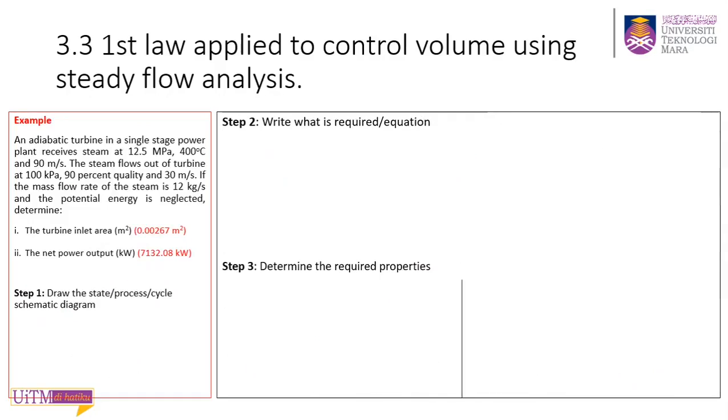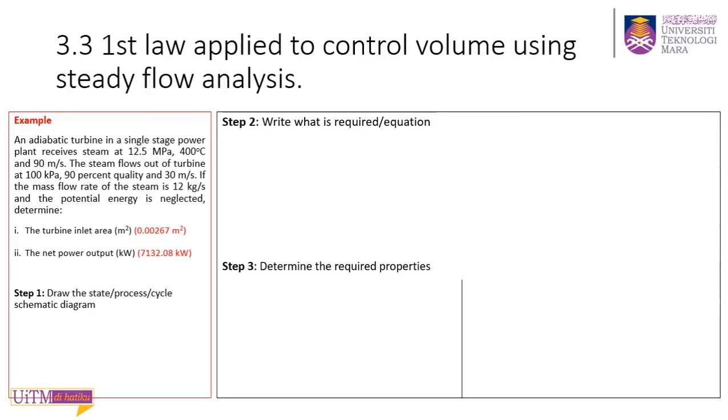Now, let's look at the first example for turbines. You can pause to read and understand the question properly. For step 1, please try to draw the schematic diagram, and please label the inlet as state 1 and exit as state 2.